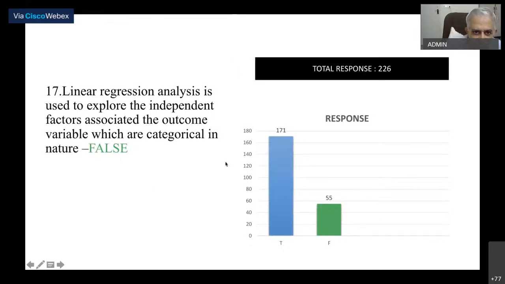So when you have a group of factors associated with an outcome, and you want to check which one is independently affecting, because of the combination of the factors, then you do a linear regression analysis. So the statement is wrong. Next.